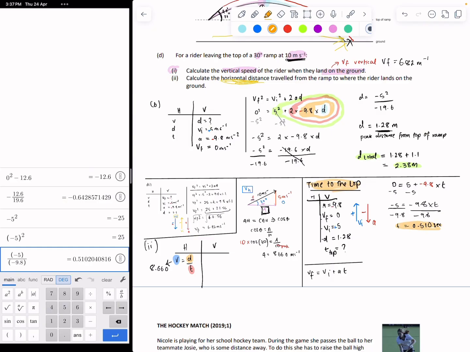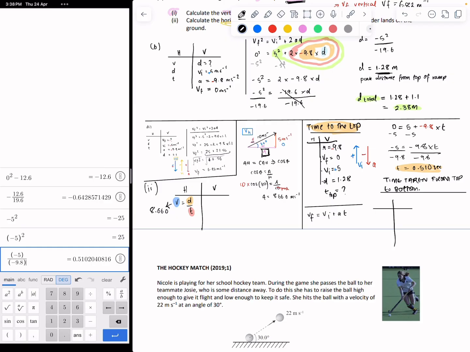So now what we can move on to is the time taken from top to bottom. Okay, I've got my horizontal and vertical values. I'm only concerned with the vertical.